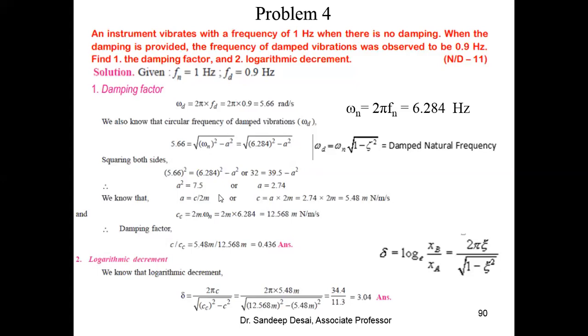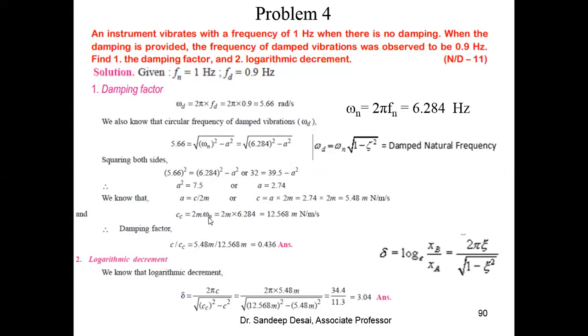So, damping factor or damping ratio zeta is equal to C upon Cc. So you should know C as well as you should know Cc. Right? Now, Cc is equal to 2m omega n.